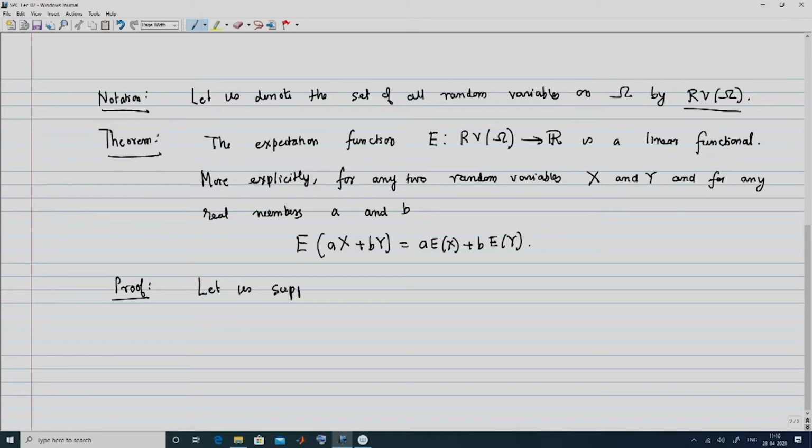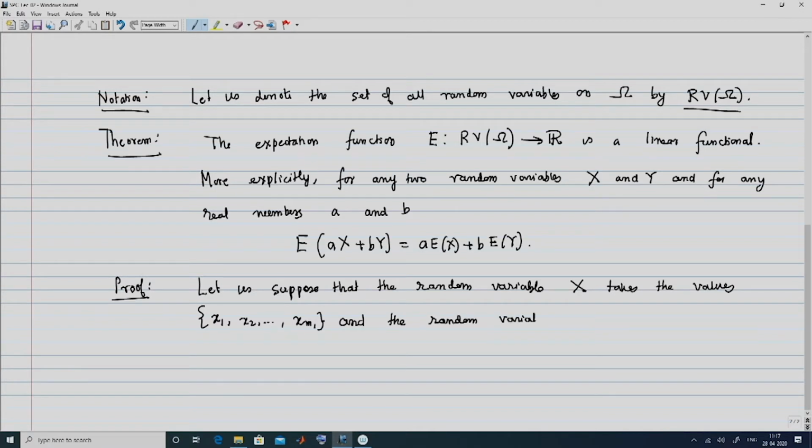So, let us suppose that the random variable X takes the values, say x1, x2 all the way to x m1, and the random variable Y similarly takes the values, say y1, y2 all the way to y m2.